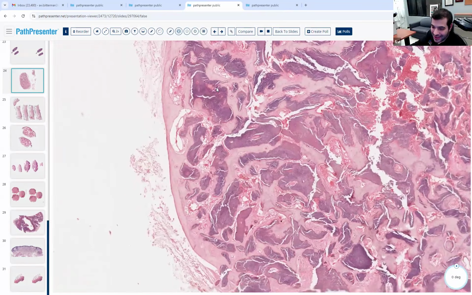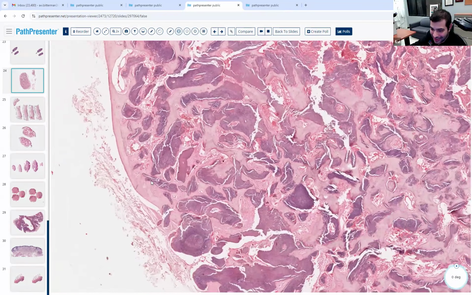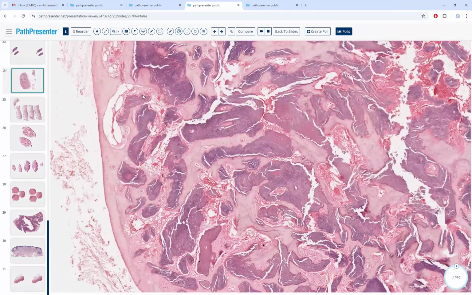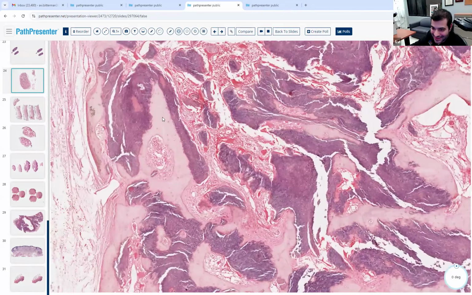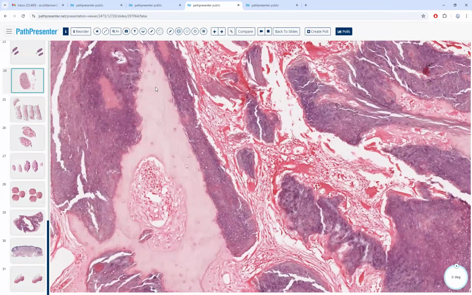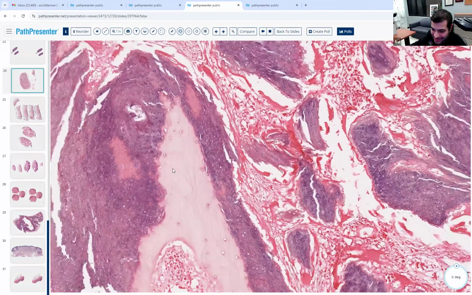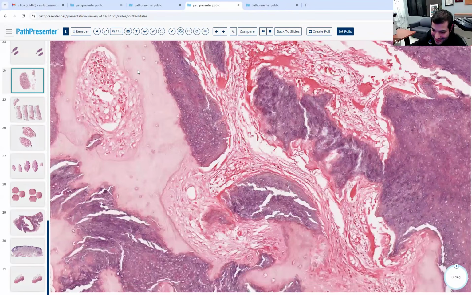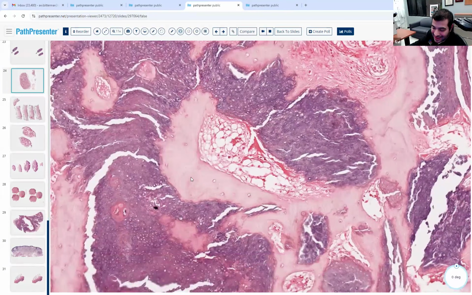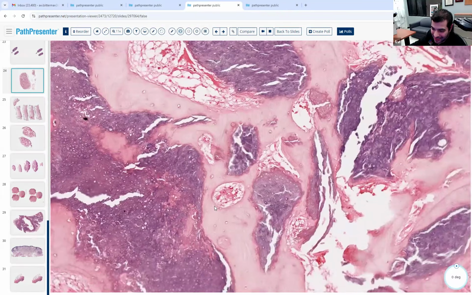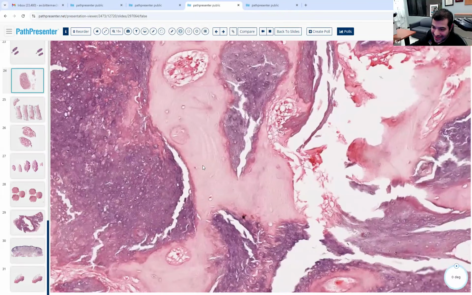First of all, let's talk about the color. What color is chondroid? Oh, chondroid is actually pale blue. Sorry, bluish. What color is this? Light pink. Yeah, and these have, you know, lacunae and chondrocytes as well. This is a much lighter pink structure.